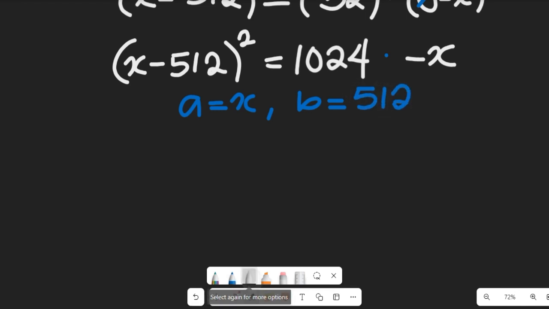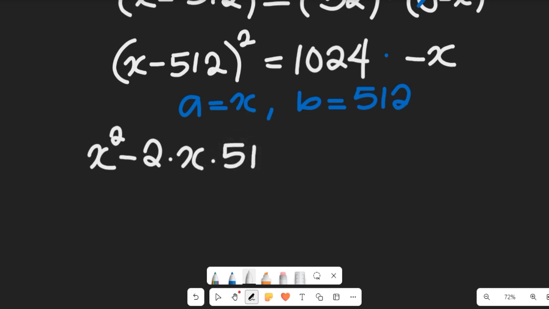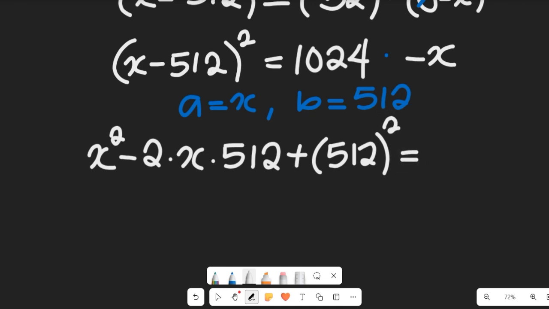So if we have that expression, this will now give me x squared minus 2 multiplied by x multiplied by 512, and that will be plus 512 squared. And this will be equal to 1024 times negative x, which is negative 1024x.